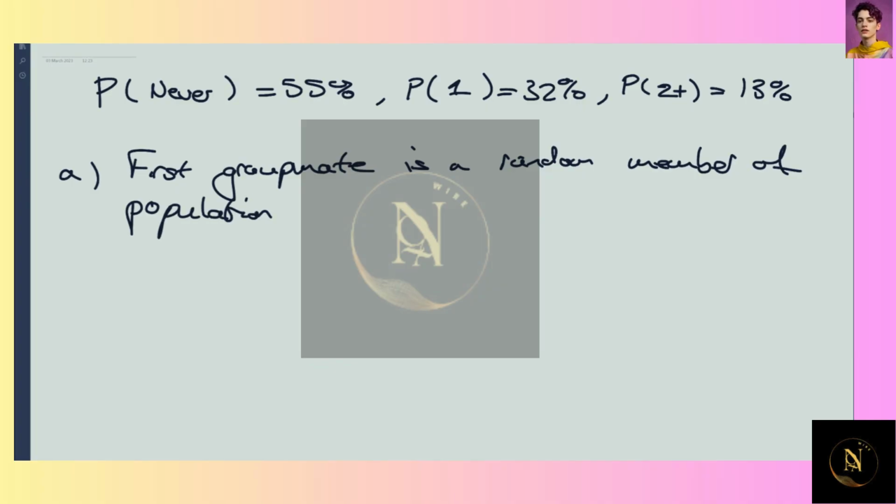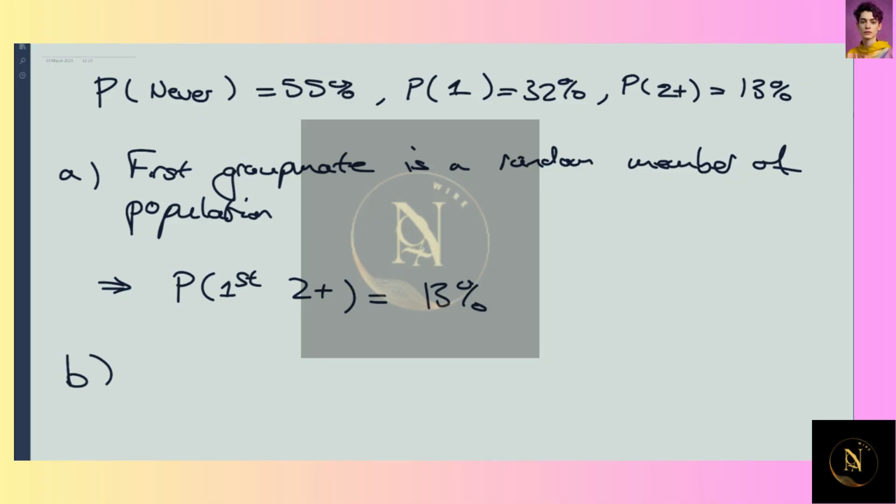So the probabilities associated with them are just the probabilities associated with a random person in the class. So what that means is that the probability that the first group mate has studied 2+ semesters of calculus is just going to be the probability that anyone has, which is 13%.